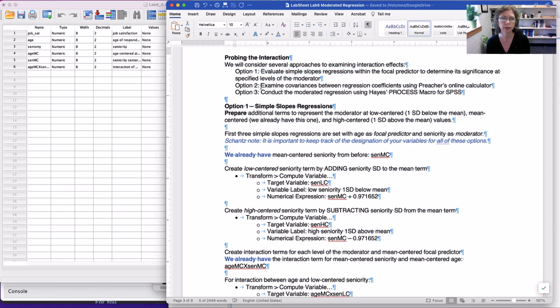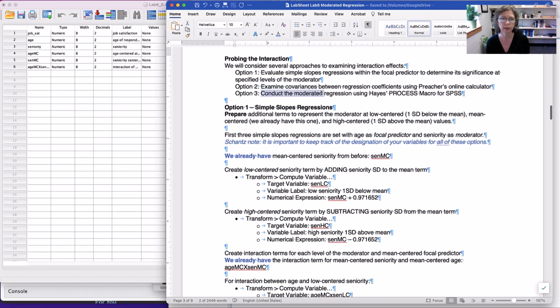Option 2, we're going to evaluate covariances between regression coefficients, and that uses an online calculator, but we have to do some things in SPSS to get there. And then the third is that add-on called Hayes process macro. We have to jump through a couple of hoops to get it started, but it's actually super easy once you have it working on your system.